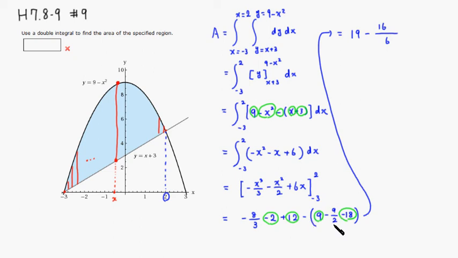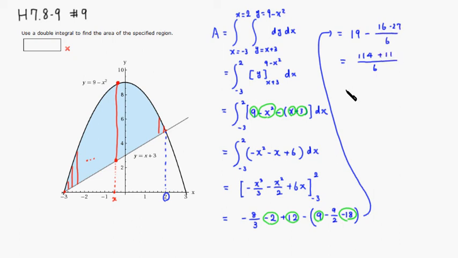Adding 9 over 2, multiply by 3 and that's 27 over 6. For 19, 19 times 6 would be 114, and then minus 16 plus 27 is plus 11.